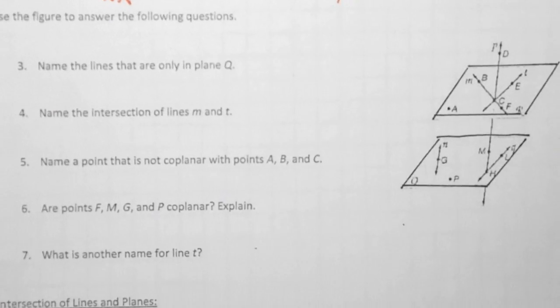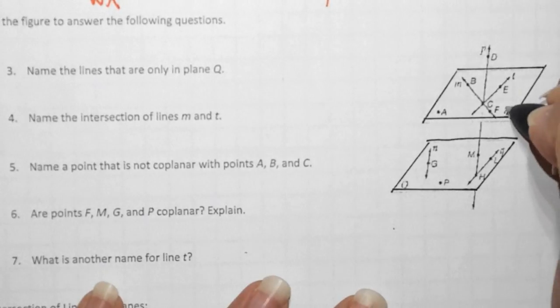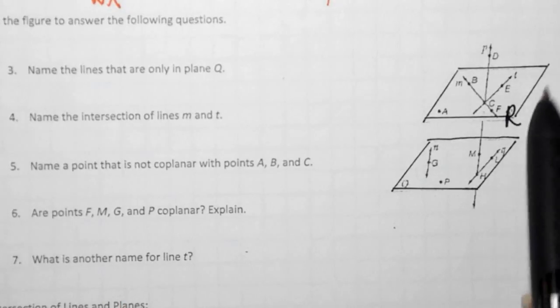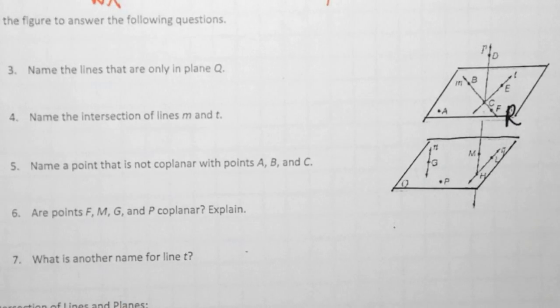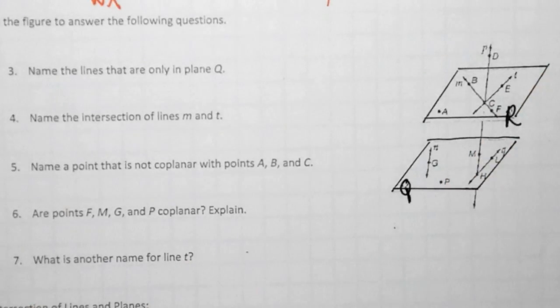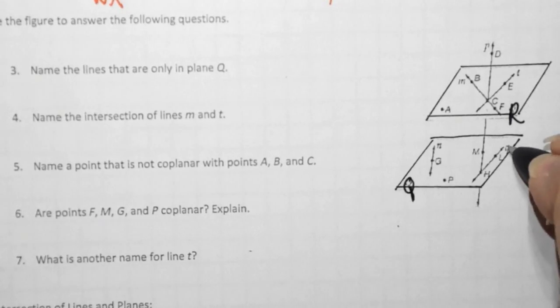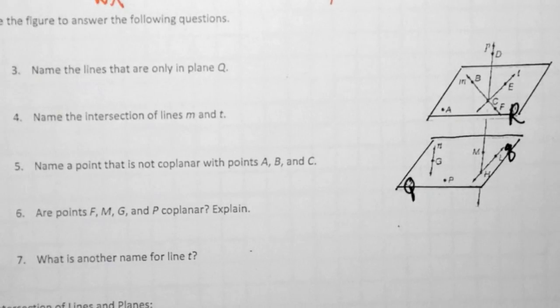Okay, now, on 3, 4, 5, 6, and 7, let's look at this guy right here. This letter right here is an R. This letter down here is a Q. This is a little bitty lowercase cursive q.